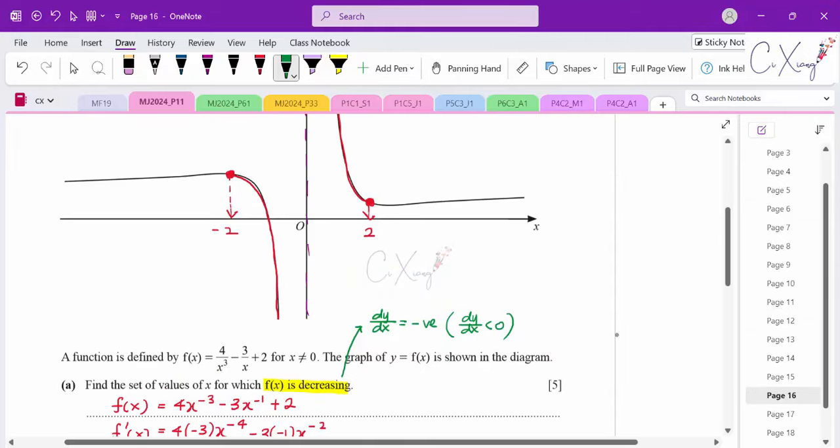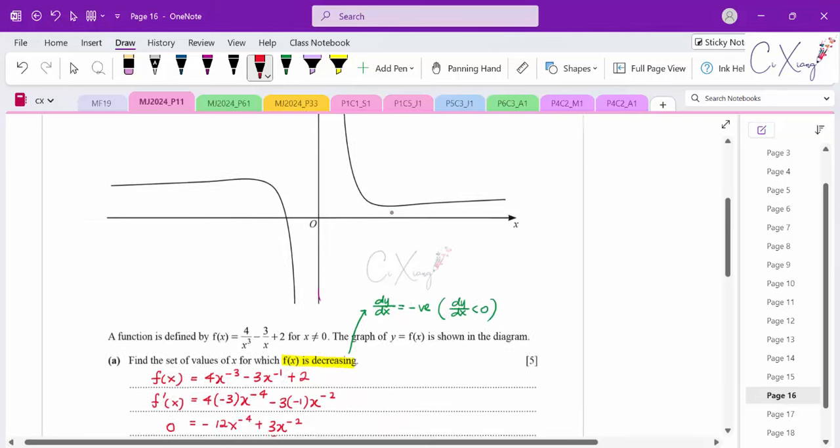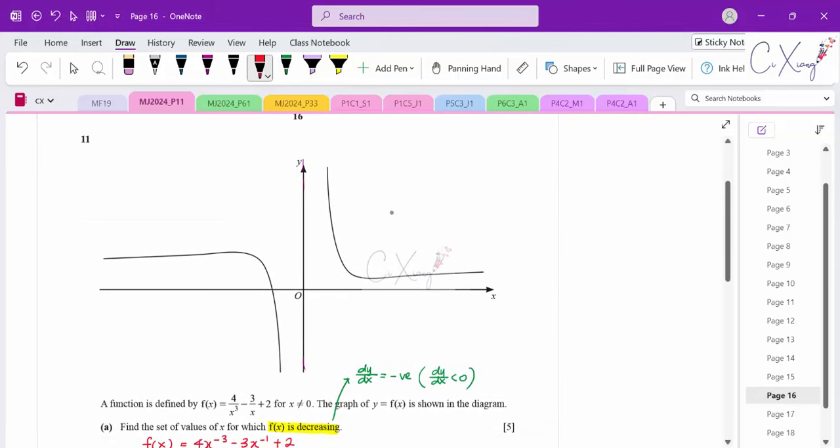If I go back to our diagram just now, when x equals negative 1 or x equals 1, when x equals 1 I have a point here. Let's say this is x equals 1. The tangent looks like here, so the normal will be something like this. So this is the normal at x equals 1.